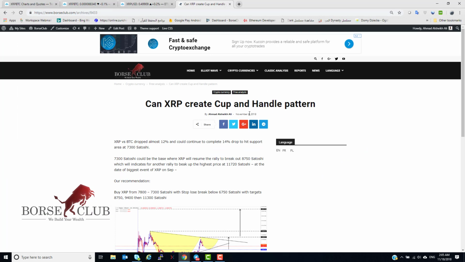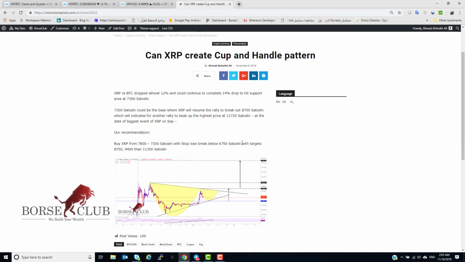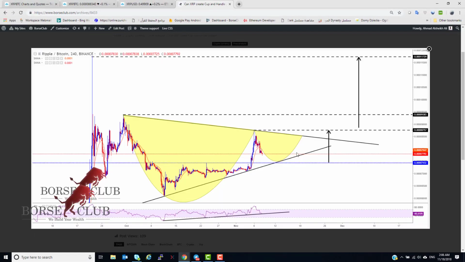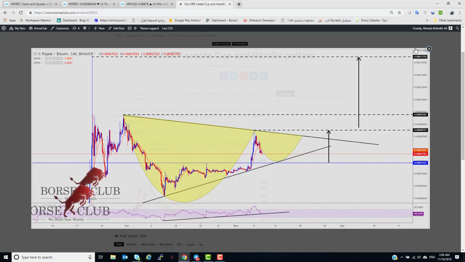On the 8th of November, we uploaded a new analysis for Rebel, and we suggested that we can buy Rebel from 7,400 Satoshi, and the first target will be 8,750, then 9,400, then another target.